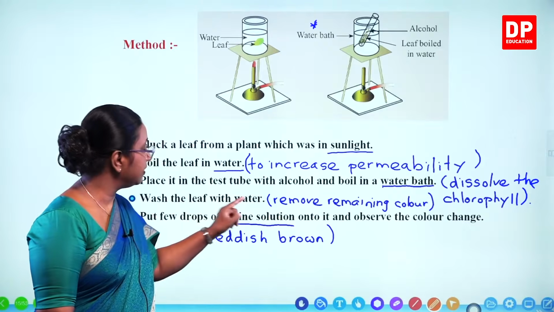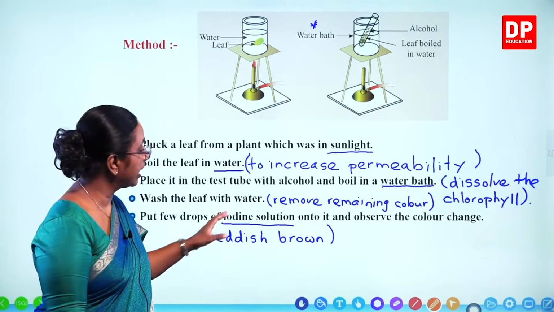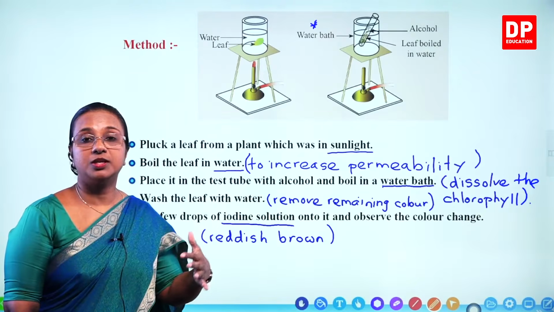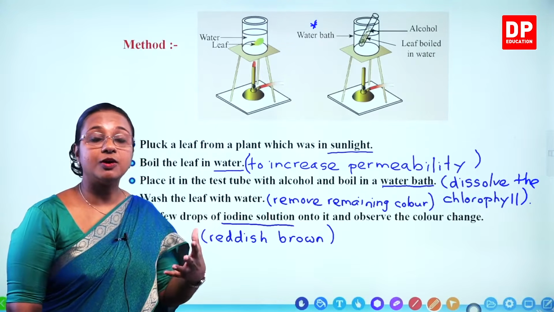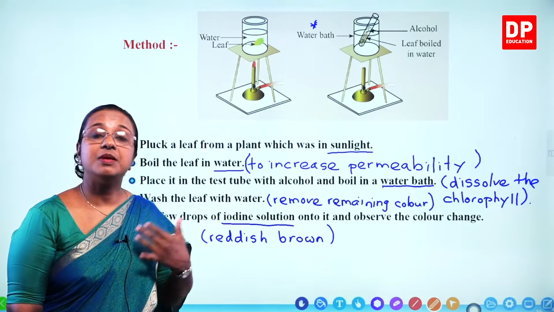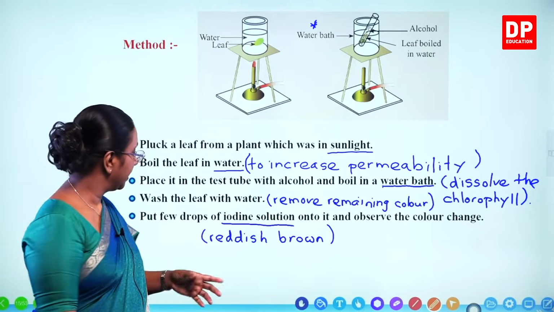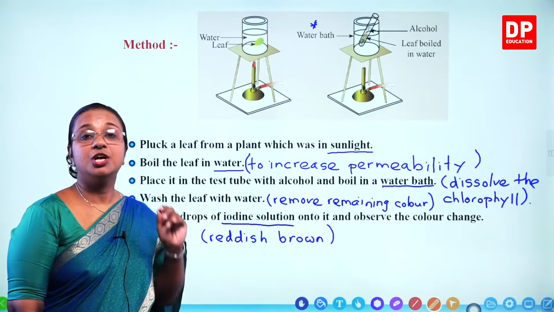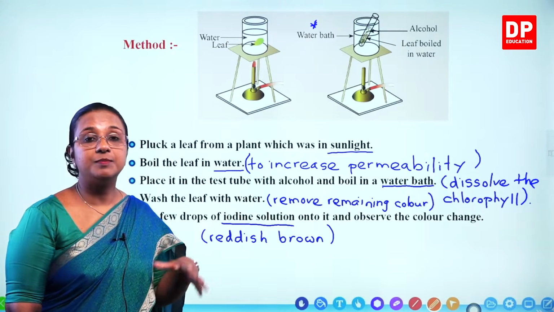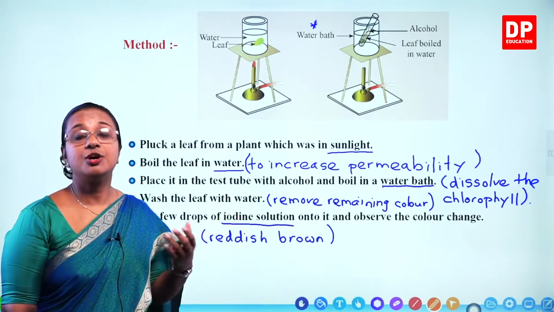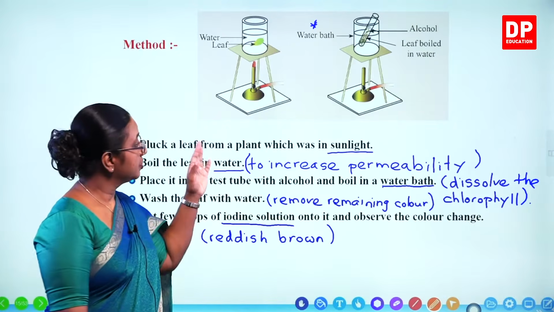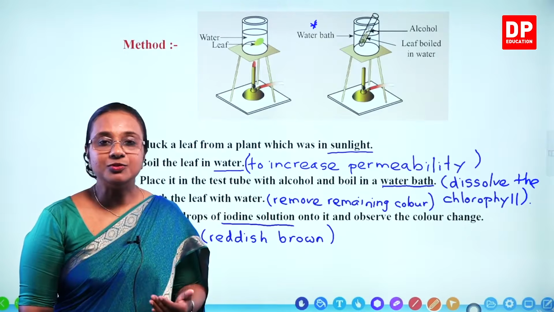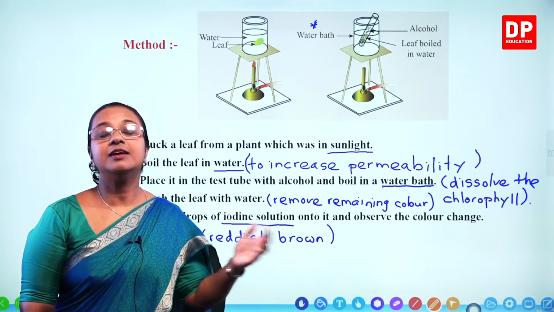And then again we wash with water so that the remaining color will be washed off with water and also the alcohol that is present can be washed off with water. And finally, we test with iodine solution to see and confirm that there is starch present. So now that you have understood this activity, we will do the activity in the lab.